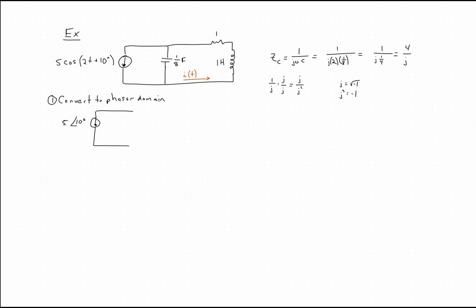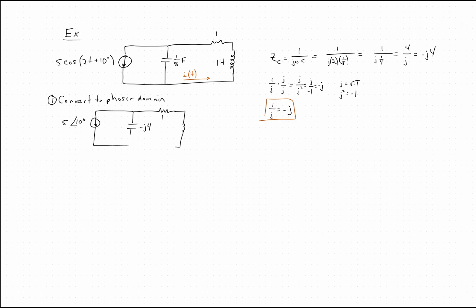So this is J over negative 1, which is just negative J. That is a relationship you'll see a lot, that 1 over J is equal to negative J, and therefore our capacitor's impedance is minus J times 4.